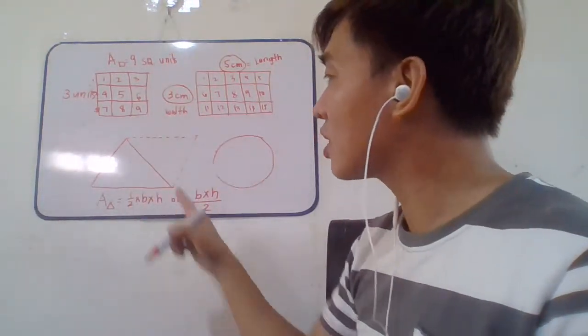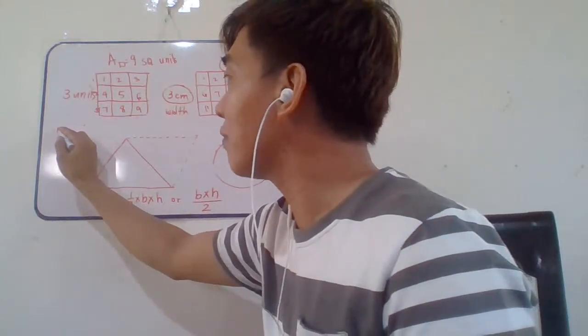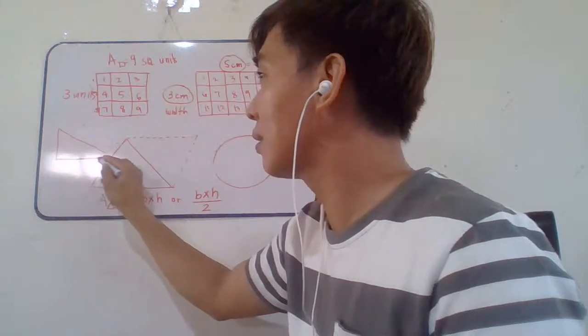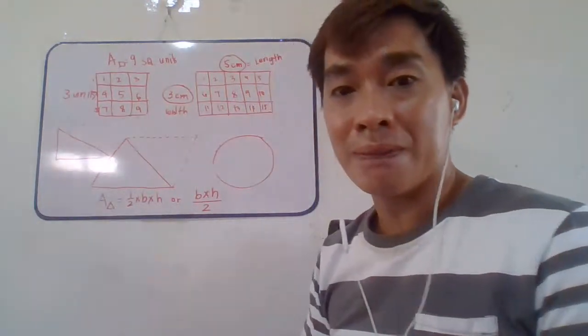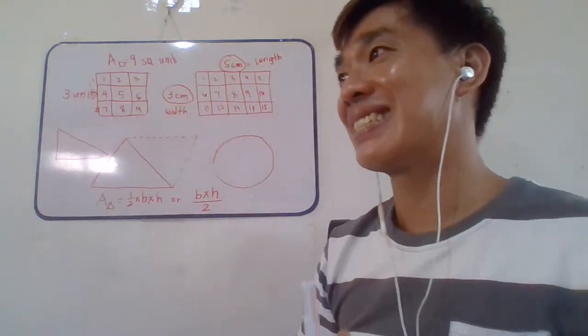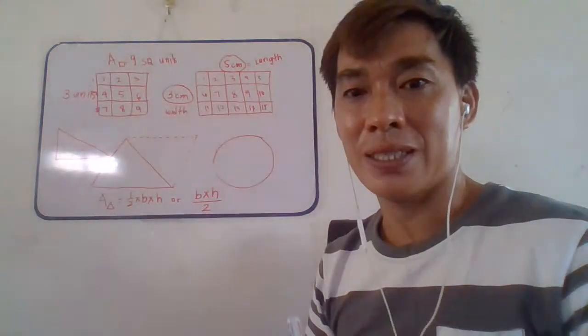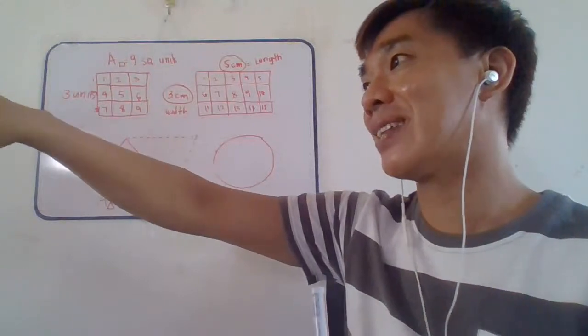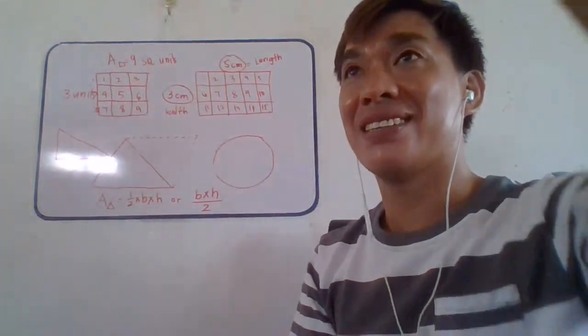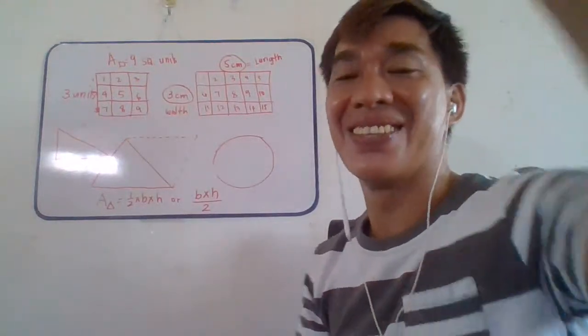Okay, let's try this one also. How about if we have this triangle, another triangle? Okay. Wait for a while. Please close the curtain. I think it's not the curtain. Maybe here.